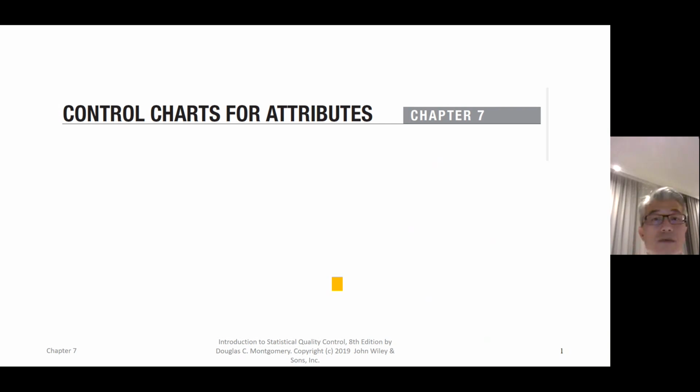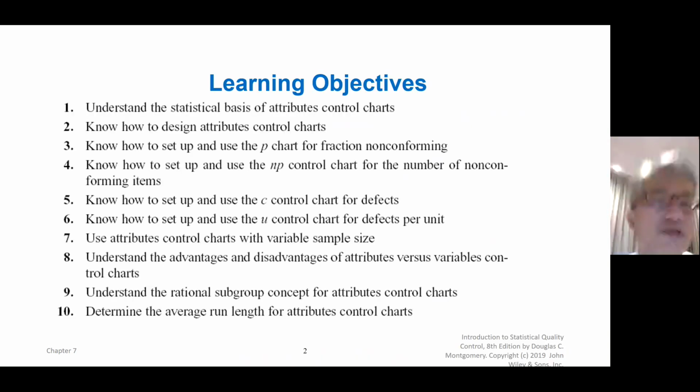Okay, there you go. So the learning objectives of chapter 7 are to understand the statistical basis of attributes control charts.